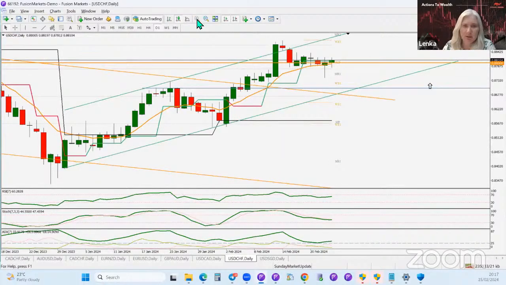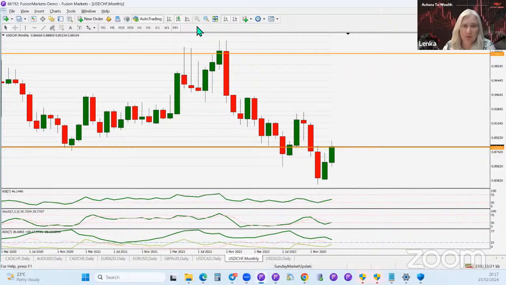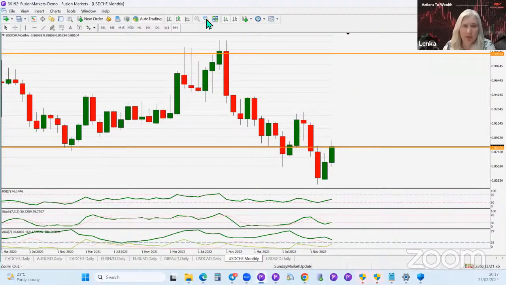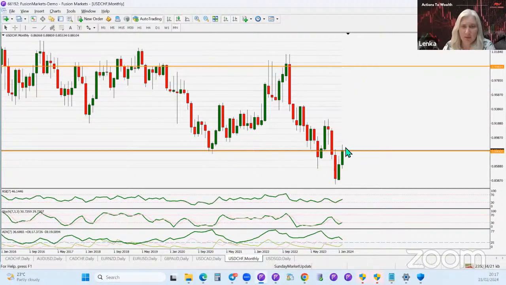Okay, so where am I with this? USD CHF, I'm looking for long opportunities. Where are we? We're at the top. That bar is not finished, so that is the monthly that's still open.